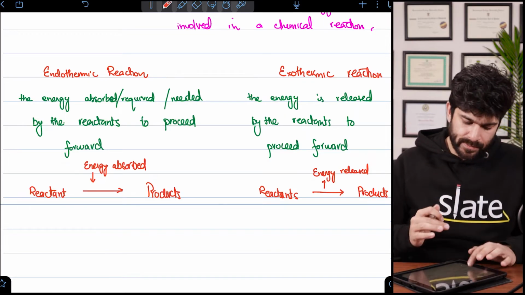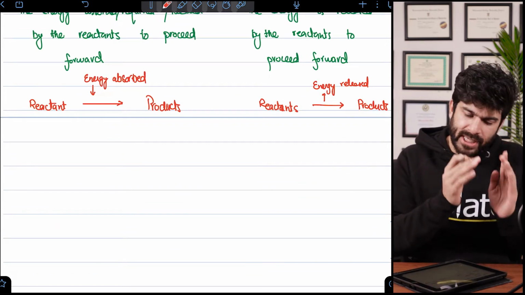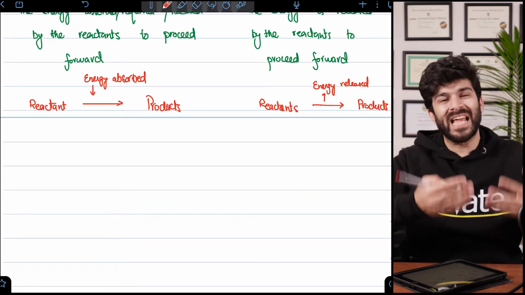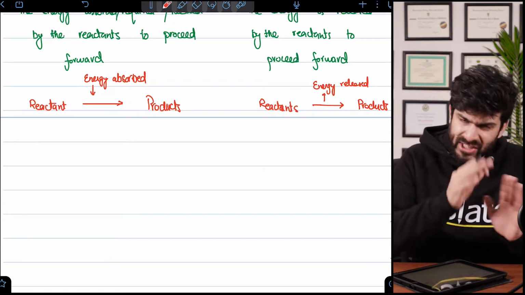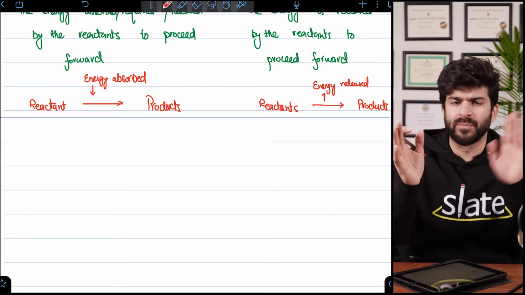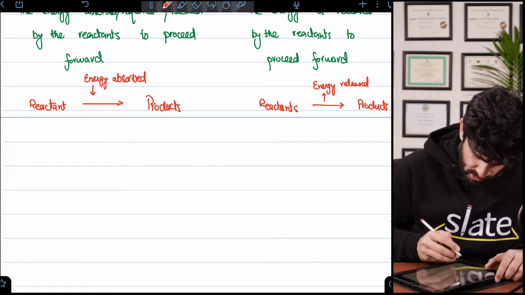But as I said, the reactants in the case of endothermic, when the reactants absorb energy, they become products. So if I just make a normal energy profile diagram, that's not the final one, just know that.